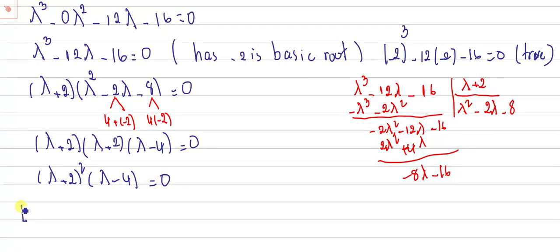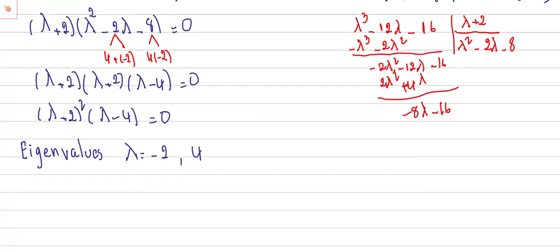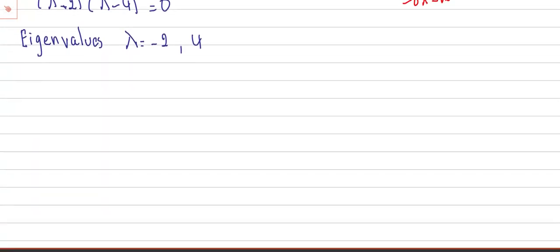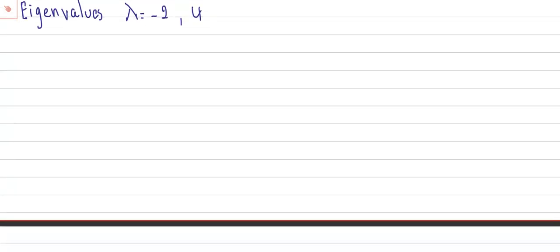Now eigenvalue of matrix A is lambda equal to minus 2 and 4. So when we got the eigenvalue of the matrix A, we go to find about the eigenvector.